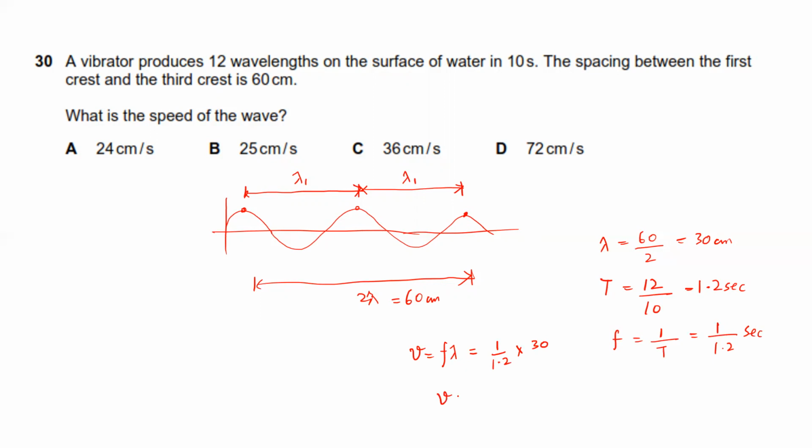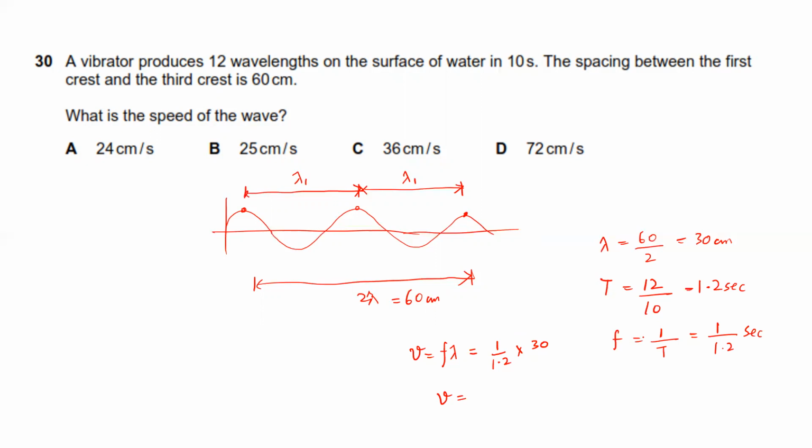So this comes out to be 300 divided by 12, 30 divided by 1.2. No, wait, 12 wavelengths on the surface of water in 10 seconds.